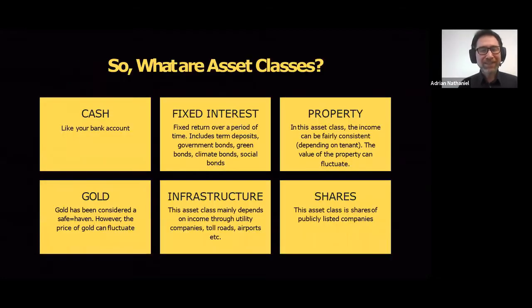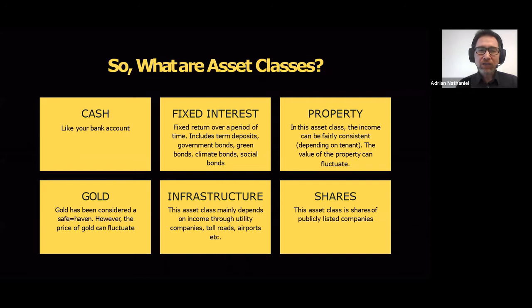So first of all, what is an asset class? Well, traditionally, there are 6 or 7 main asset classes, from cash, which is like the money in your bank account, fixed interest, which is term deposits or government bonds, green bonds, climate bonds, property, which explains itself, gold, infrastructure, which is around utilities and anything to do with connecting people, and of course shares.